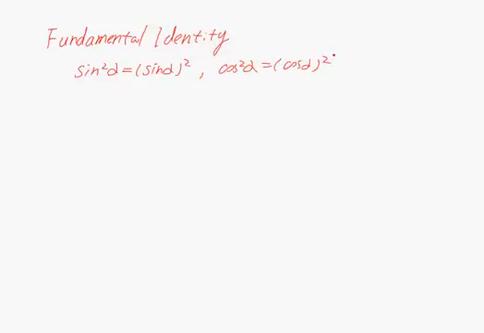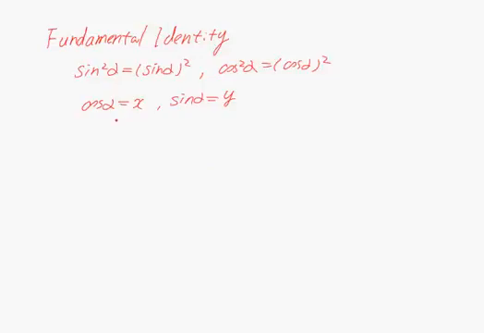So right now, let alpha be an angle in the standard position. So we know cosine alpha is equal to the x coordinate of the point of intersection, and sine alpha is equal to the y coordinate of the point of intersection.